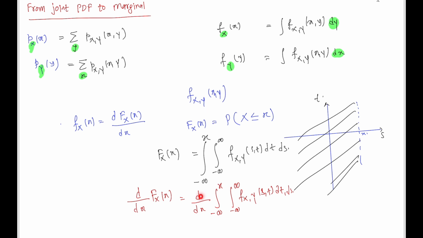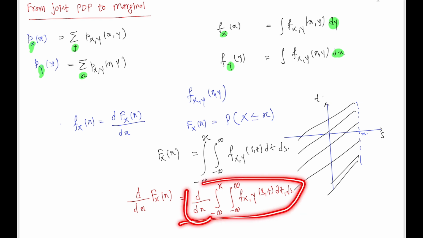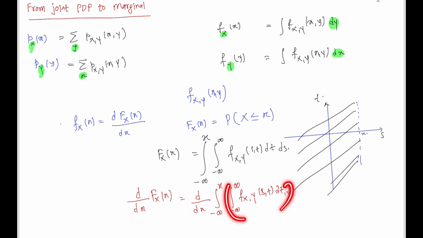We are differentiating with respect to x, and we are integrating from minus infinity to x. Whatever we get from this integration will be a function of x, and again we differentiate. So basically this differentiation will be nothing but the integrand itself.